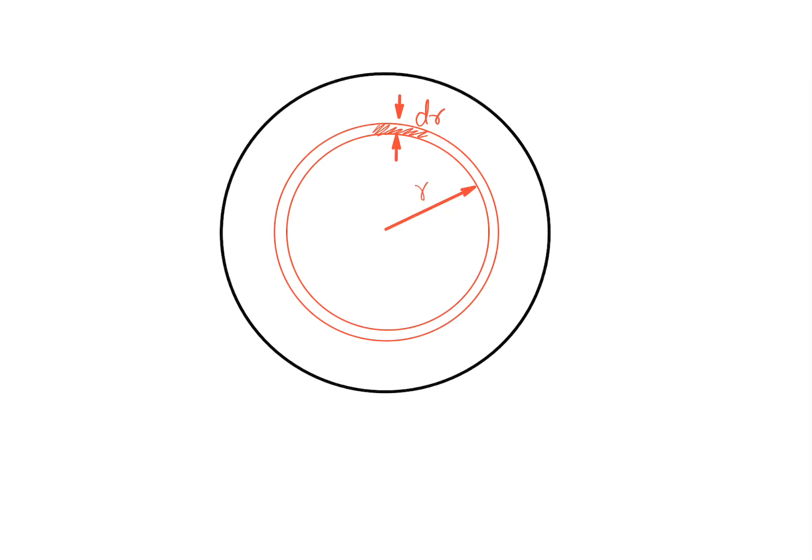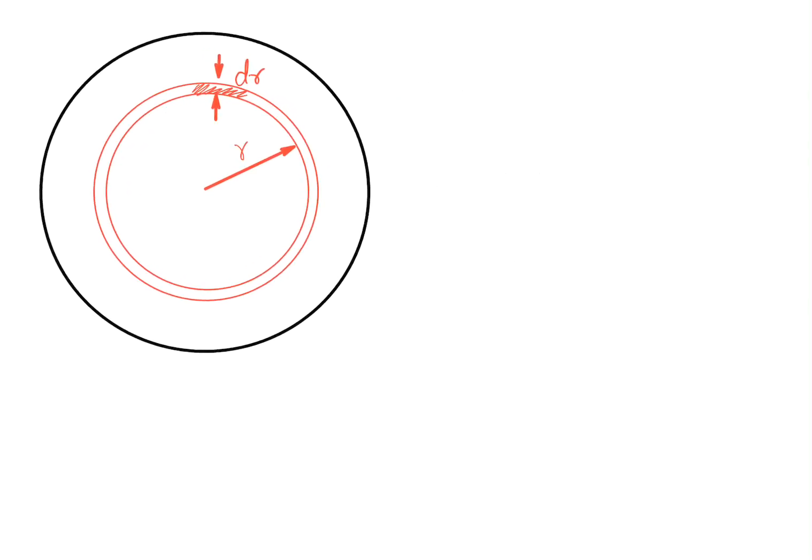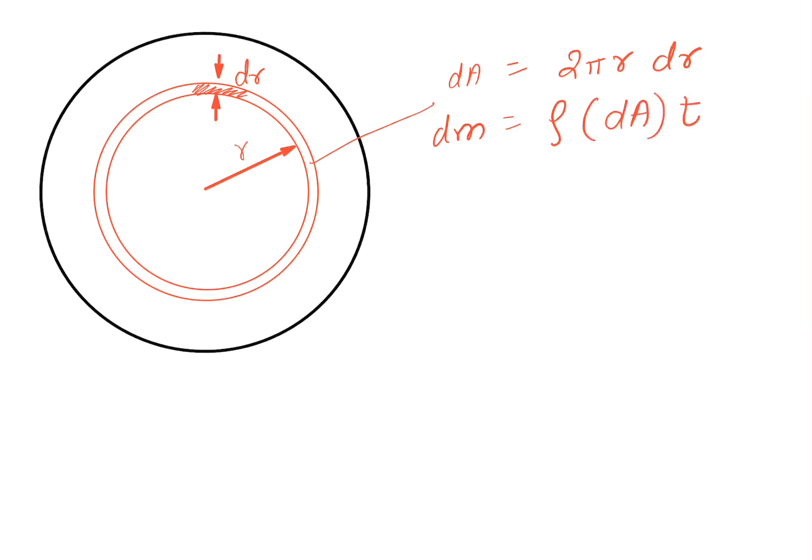For this ring, first of all I need to write its area. So area of the ring dA will be what? Circumference is 2 pi r into width is dr. So mass of this ring will be how much? Density of the ring multiplied by volume. Volume will be area into thickness t.